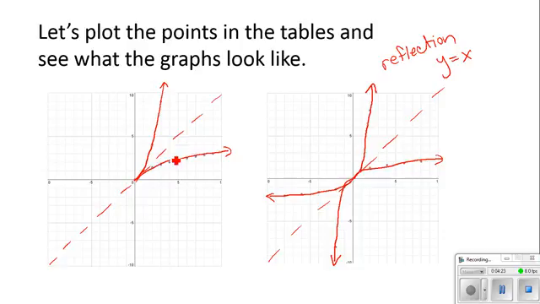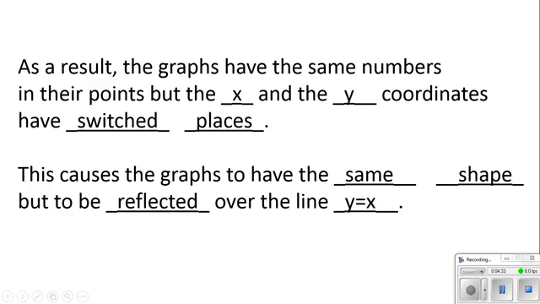And so that means that the square root graph and the cube root graph are just reflections of the square graph and the cube graph. As a result, the graphs have the same numbers as their points, but the x and y have switched places. This means that they are the same shape, they just have to be reflected over the line y equals x.